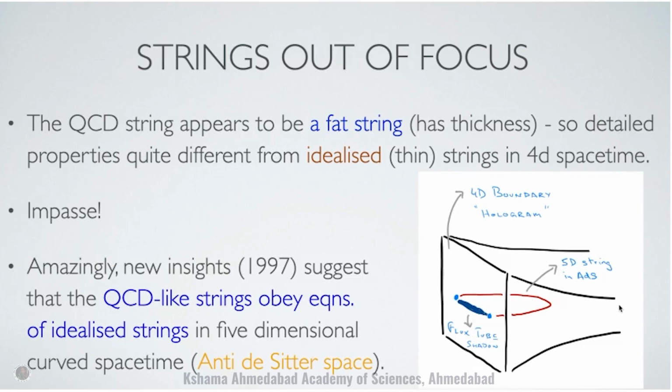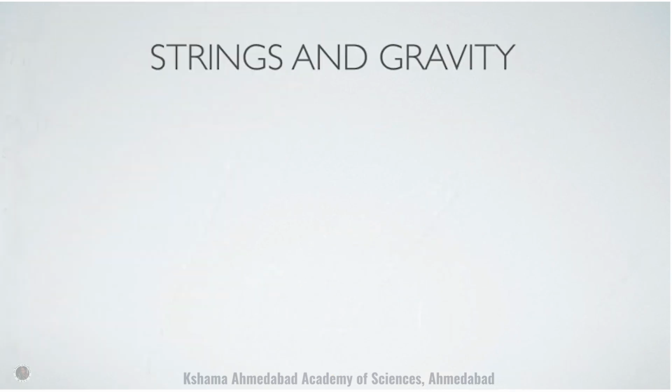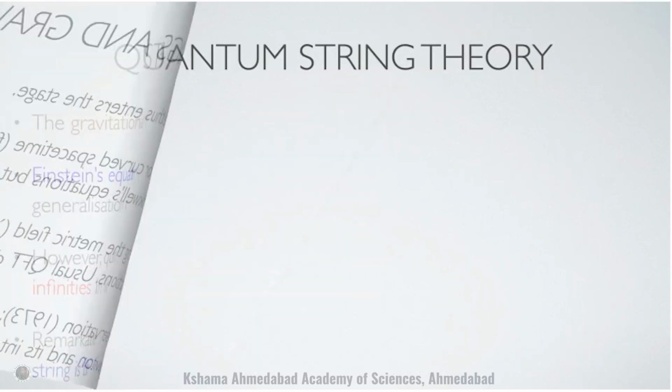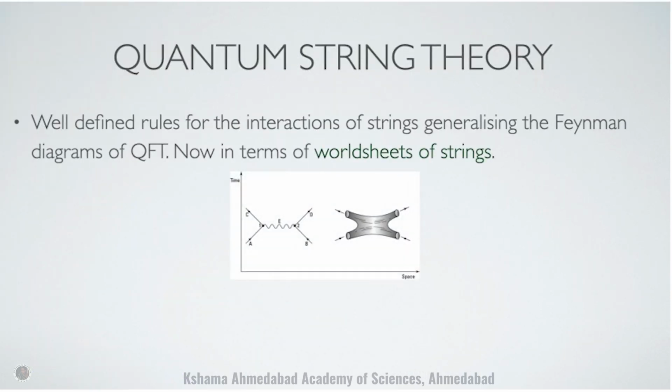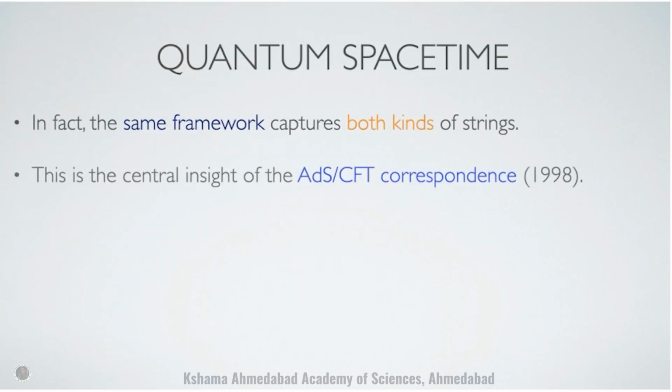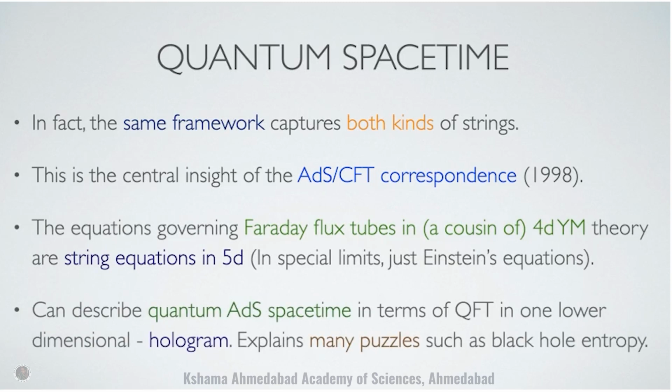So the remarkable thing I'm saying is that if you want to describe Yang-Mills theory in these four dimensions, you can describe these Faraday-like flux tubes by equations for a string moving in this one higher dimensional space-time. And these strings are very closely related to Einstein's equations in some limit. So this is what I was saying over here, and vice versa.